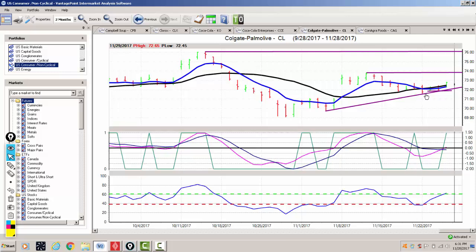We want to make sure that all stops are below 71.50. We want to give this trade a chance to develop, but we don't want a huge stop on here, guys. If this fails at this level, the stock is likely going lower, and that could be triggered by what's happening right now in North Korea. So that's a wild card that we simply have no control over.